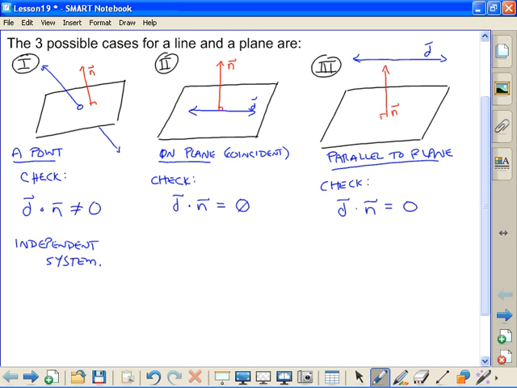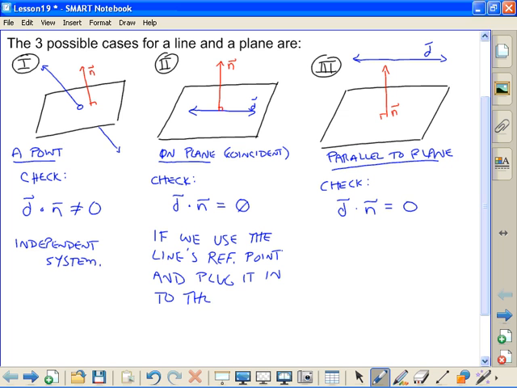So how do you tell the difference between the two? The second part to the check: we use the line's reference point and plug it in to the plane equation.